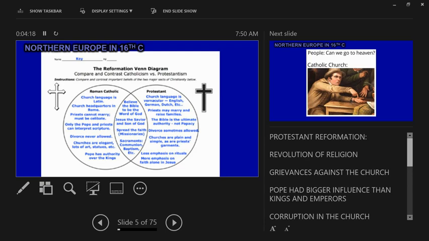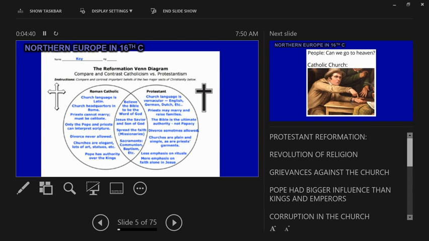Protestants is basically all of Christianity that's not Roman Catholic. So in our culture, it'd be like the Methodists, the Episcopalians, the Baptists, and all these other branches of Christianity that's not the Roman Catholic Church.